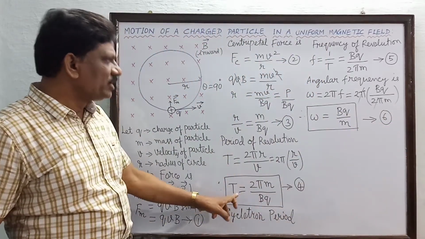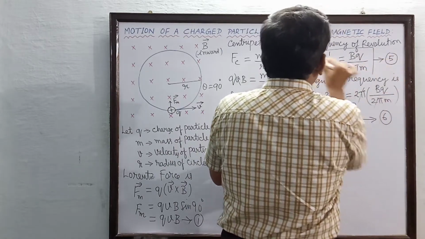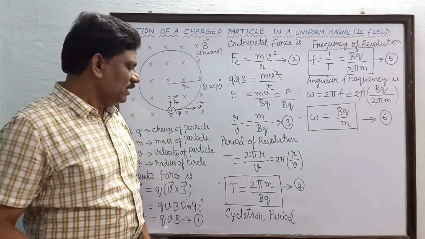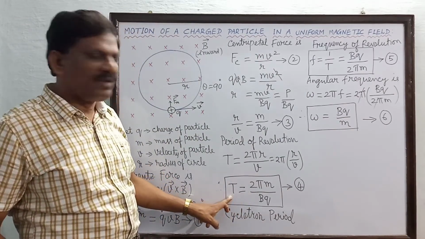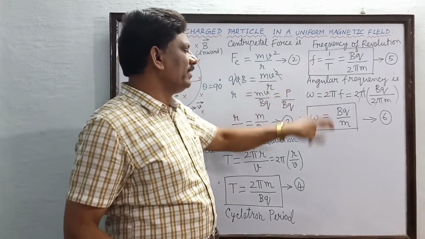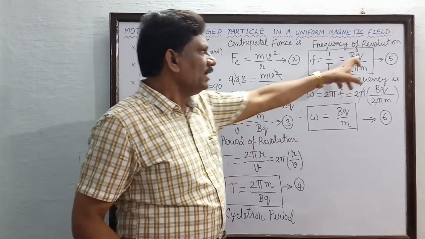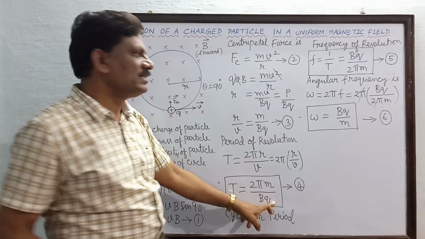Now in equations 4, 5 and 6, the left hand sides, namely the period of revolution, the frequency of revolution and angular frequency, do not depend on the radius of the circular path as well as the velocity.